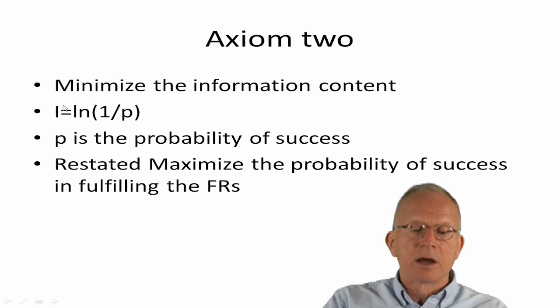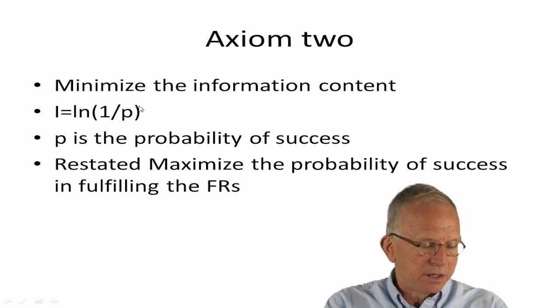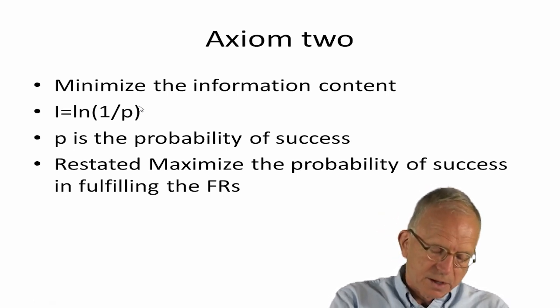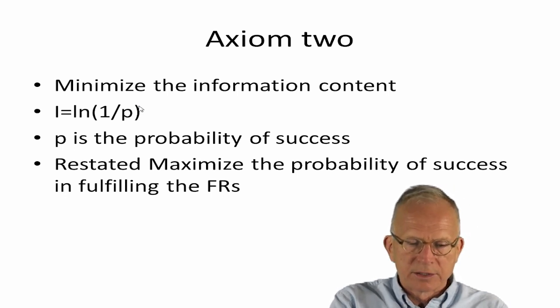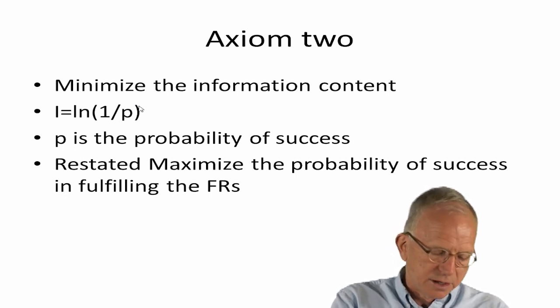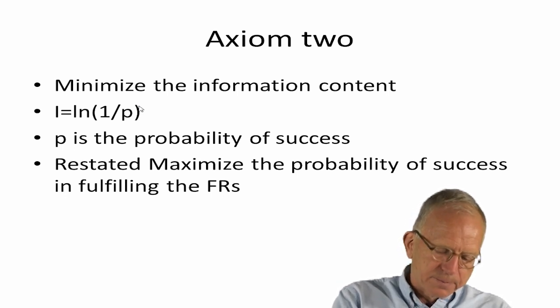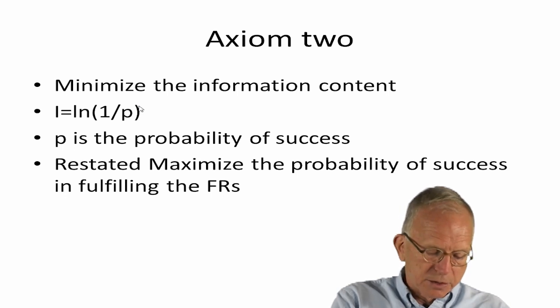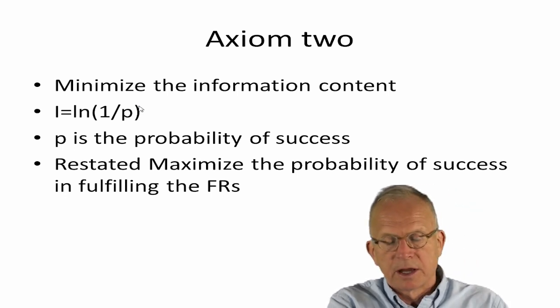Although, as it turns out, this is an easier thing to do and has a grounding in previous work on Shannon's information theory and Boltzmann's entropy. And I'll mention that in a later lecture.